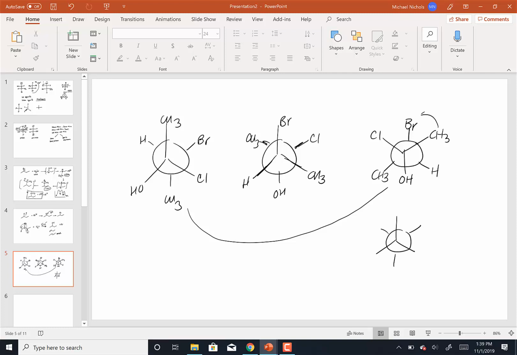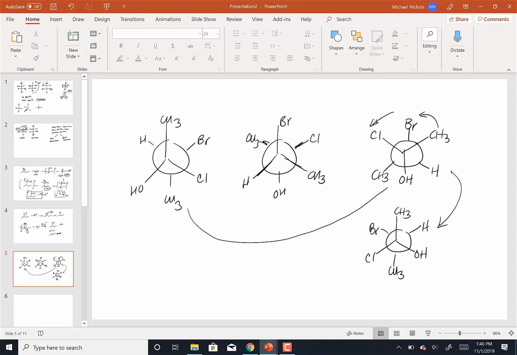So rotate the methyl group up here, rotate the chlorine down here, rotate the OH there. Let's just rotate the bromine in the same direction. Bromine there, CH3 down, H there. So I just rotated both the front and the back 60 degrees to convert this into this. I rotated, I didn't switch anything. So now they're oriented exactly the same.